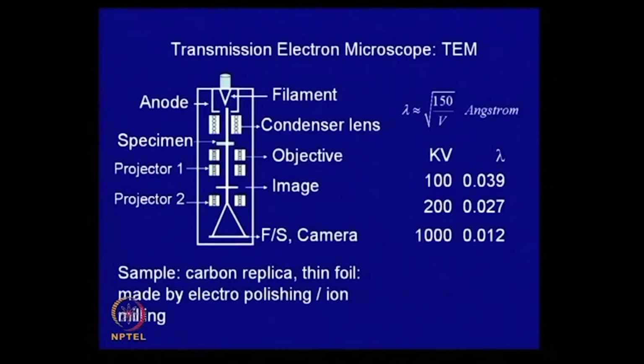One possibility is to use a much smaller wavelength, and electrons, as we know, if they move at a high velocity, also have a wave character. The wavelength of X-ray is of the order of a few angstrom, like for copper K alpha radiation it is 1.54.